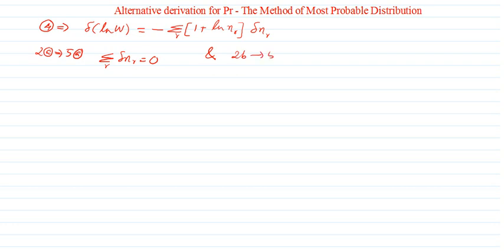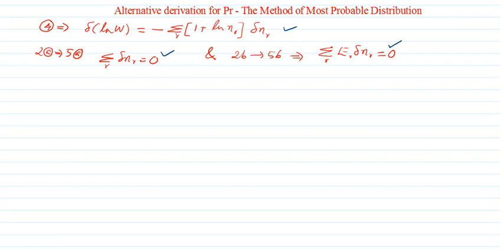One more condition was obtained, which was the sum over r of epsilon r delta n r must also be equal to 0. So I'll be using these three relationships. Equation 4 is the condition to be satisfied, and equations 5a and 5b represent the constraint equations that have to be satisfied along with the extremization of log w.